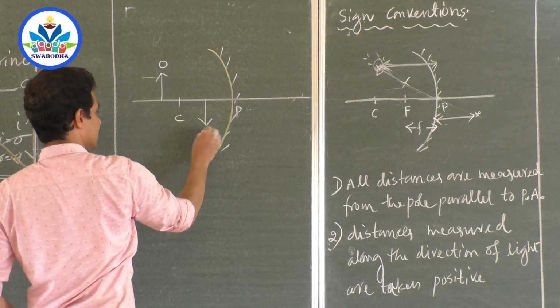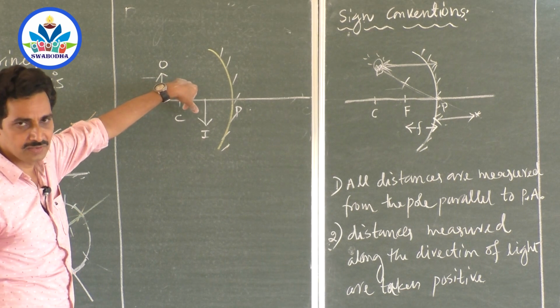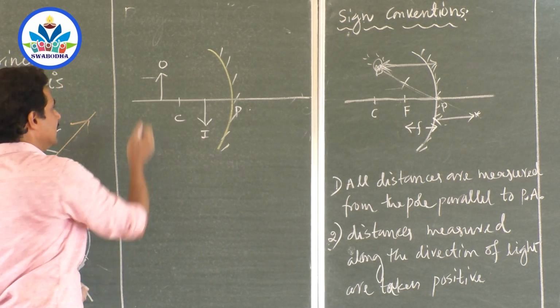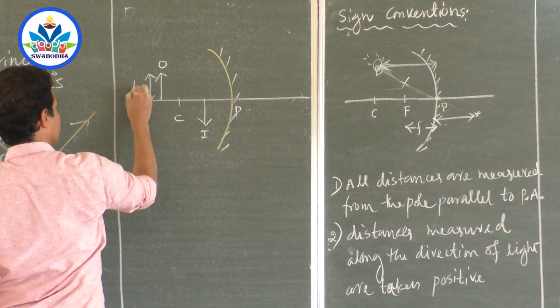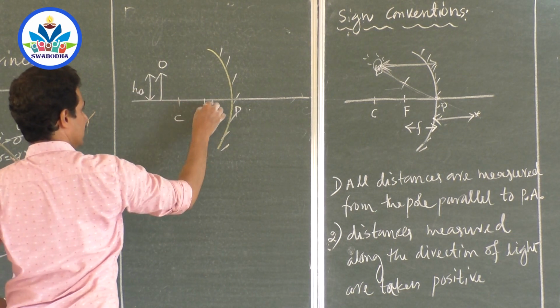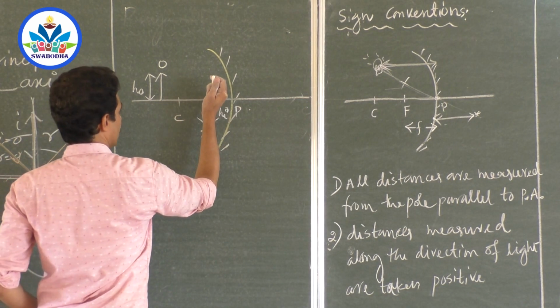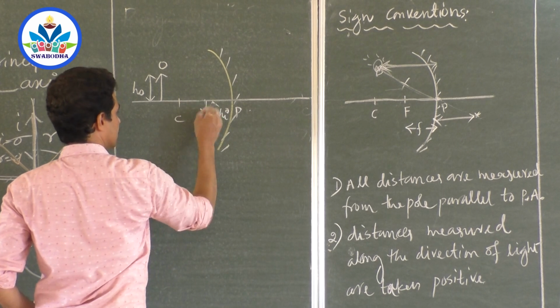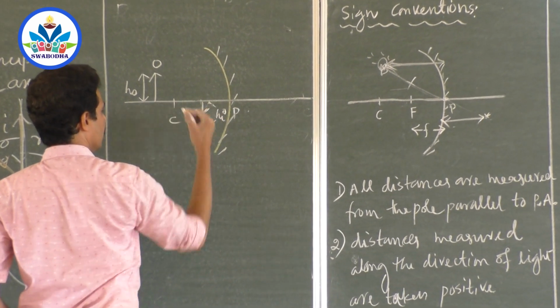Suppose I hold a candle flame here, and the inverted image of the candle flame is formed here. This height above the principal axis, I call the height of the object, and this is the height of the image, let this be somewhat smaller.